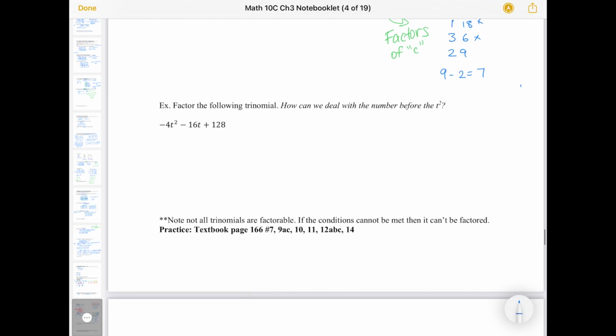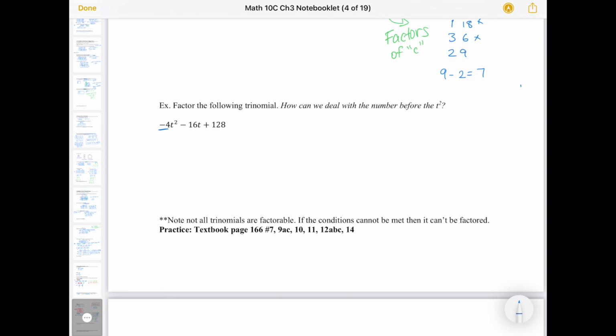Okay, and this question here, in this section, it's the big question. Because we haven't looked at it something quite like this before. I've got negative 4t squared minus 16t plus 128. So these are, first of all, big numbers.